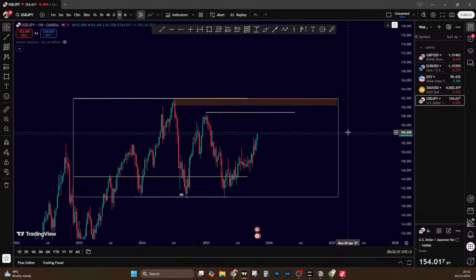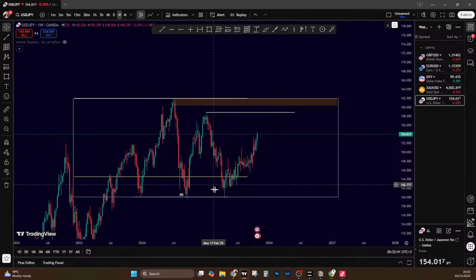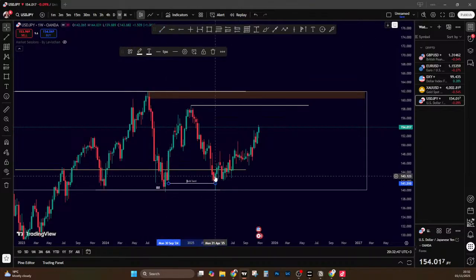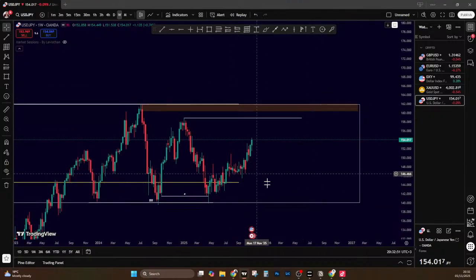That is our area of support and resistance. We have liquidity above, and this market has already taken liquidity below. It took out that liquidity below. That means we are moving up.